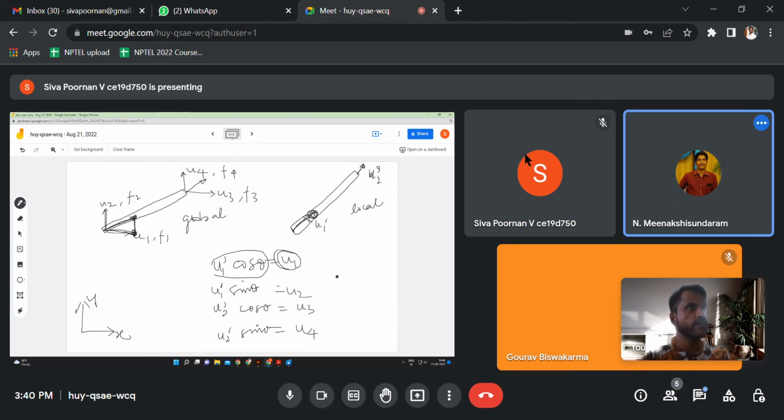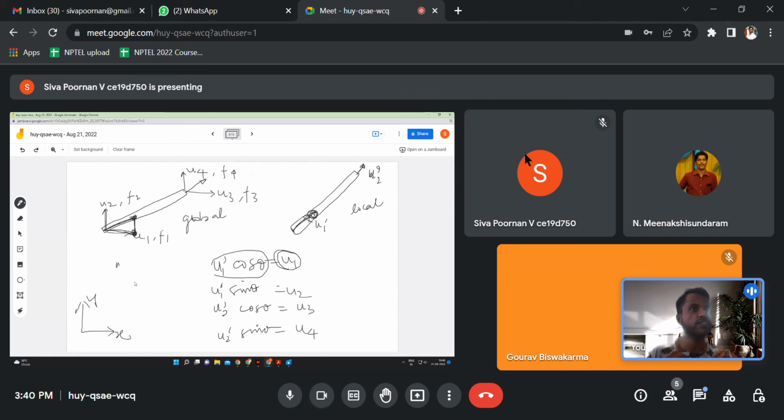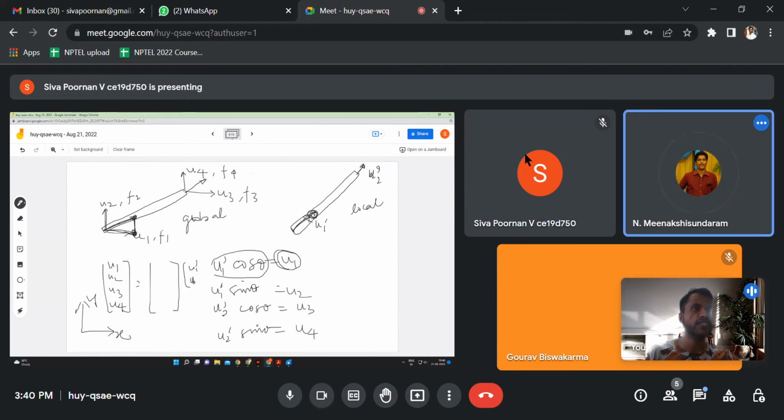Okay, then how do you write this in matrix format? You could create a matrix from this. You can write u1, u2, u3, u4 to be related to something multiplied with u1 dash and u2 dash.